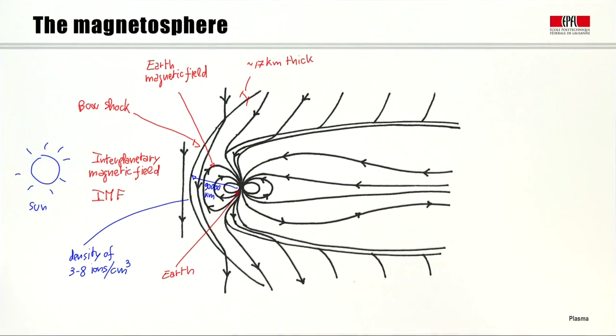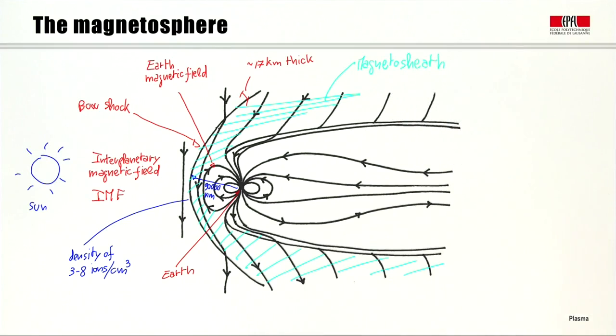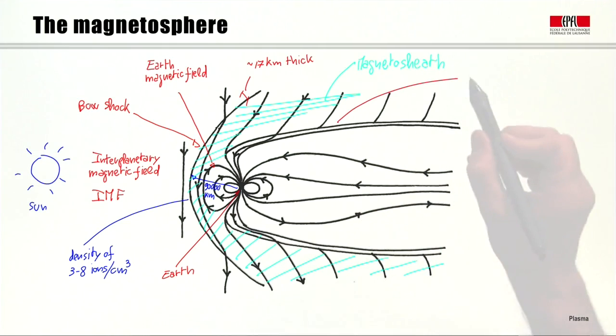Most of the solar wind plasma is heated and slowed down at the bow shock and detours around the Earth. Some plasma of the solar wind penetrates inside the magnetic field of the Earth and forms the so-called magnetosheath. The magnetosheath exerts a pressure on the Earth magnetic field.